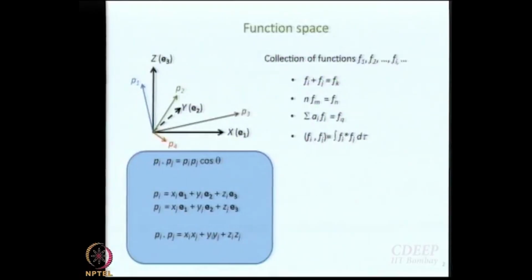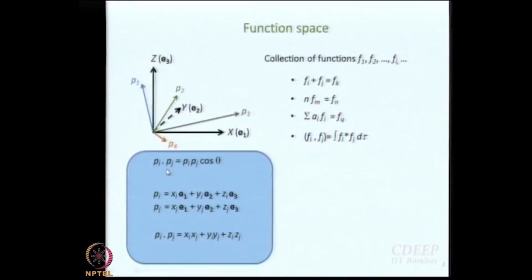Then this is how the scalar product is defined, dot product. Scalar product is what? Dot product or cross product? Dot product, right? So scalar product means you take two vectors and multiply them, and what you get is not a vector, right? What you get is a scalar, only magnitude, right? And what we have done is we have worked this out once again for position vectors.